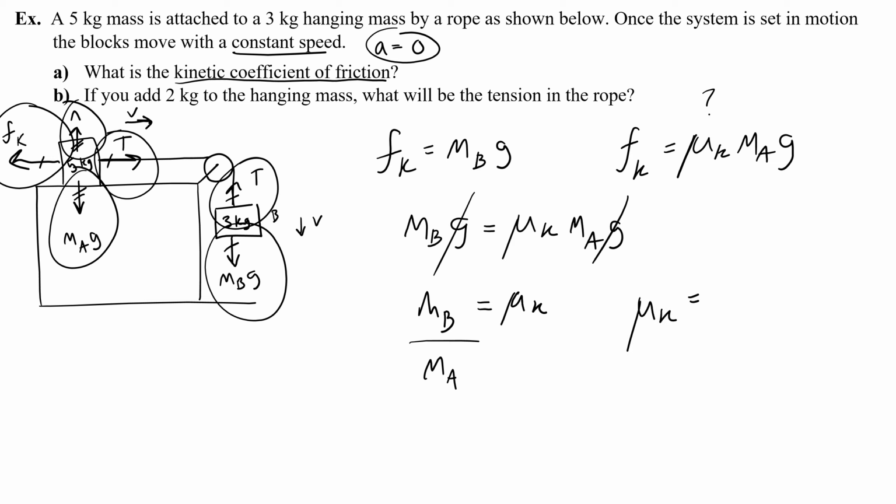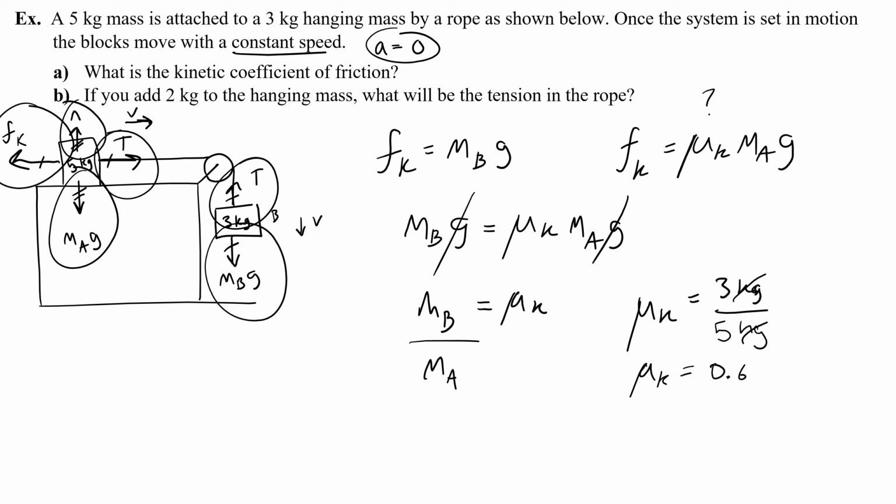So mu k is going to be 3 kilograms, which is the mass of the thing that's hanging, divided by 5 kilograms. Okay, so that gives me a kinetic coefficient of friction of 0.6, not 0.6 repeating. And again, the kilograms cancel out, so the mu is unitless. Okay, so that's part A.